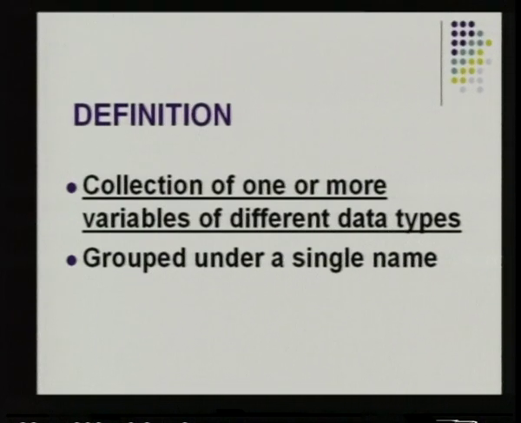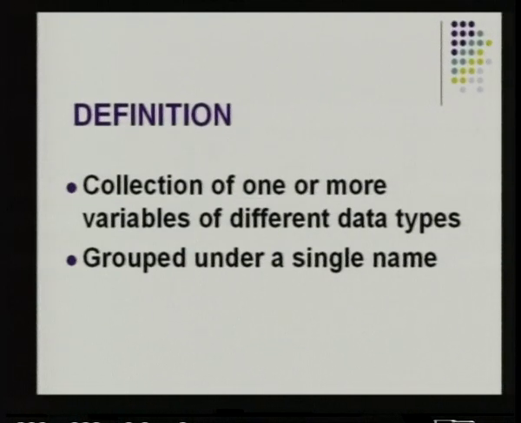That is the difference between an array and a structure. A structure also holds a number of variables, but they can belong to different data types. The next important thing about a structure is that they are all grouped or housed under a single name. So, using a single name itself, we can identify different variables of different data types. So, we will see how this can be done using the C programming language.